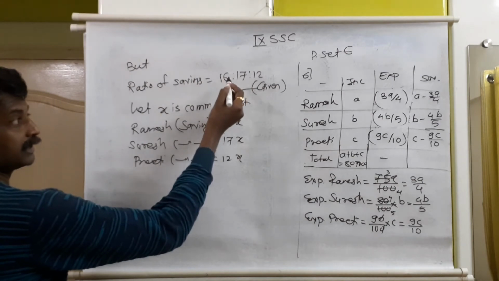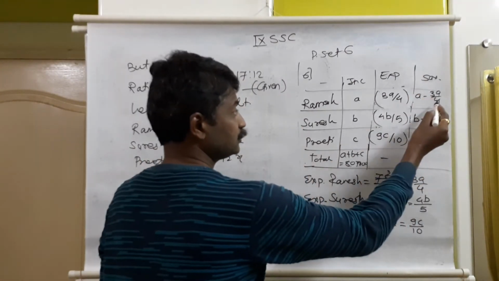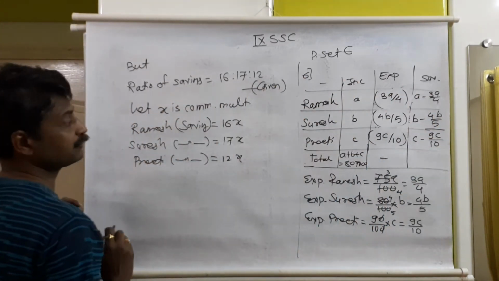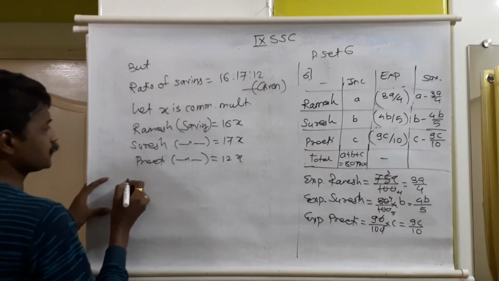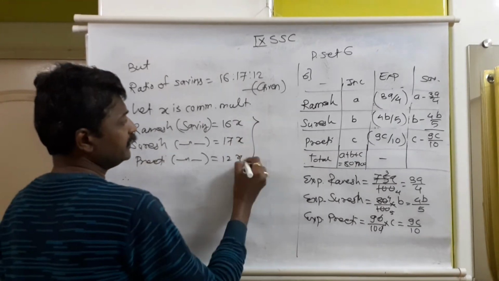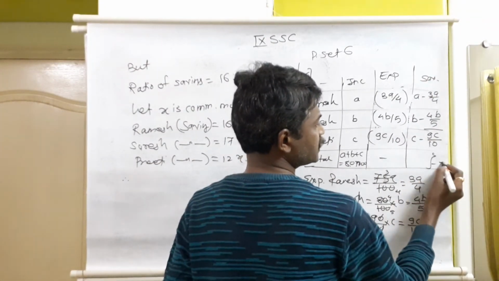We considered the common multiple as x. We have savings in the form of A, B, C also. This is also saving, this is also saving, so they can be compared with each other. So for the first person we will compare.